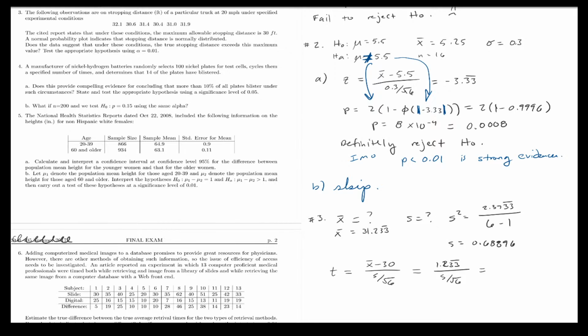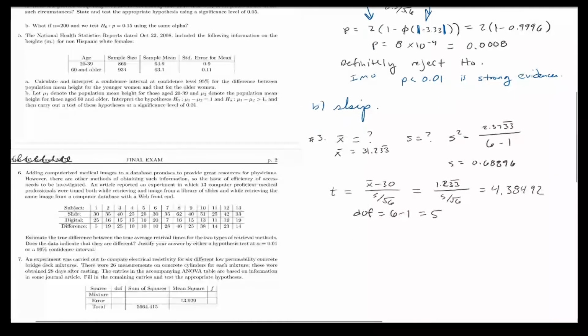So x bar minus 30 divided by 0.68896 times square root of 6. And I get a t of 4.38492. And my degrees of freedom are 6 minus 1, which is 5.